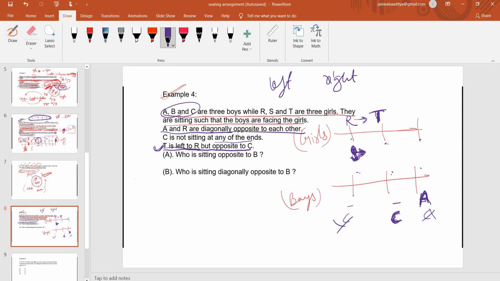C is here, then B is going to be here. R and T are fixed, so the only place for S is here.